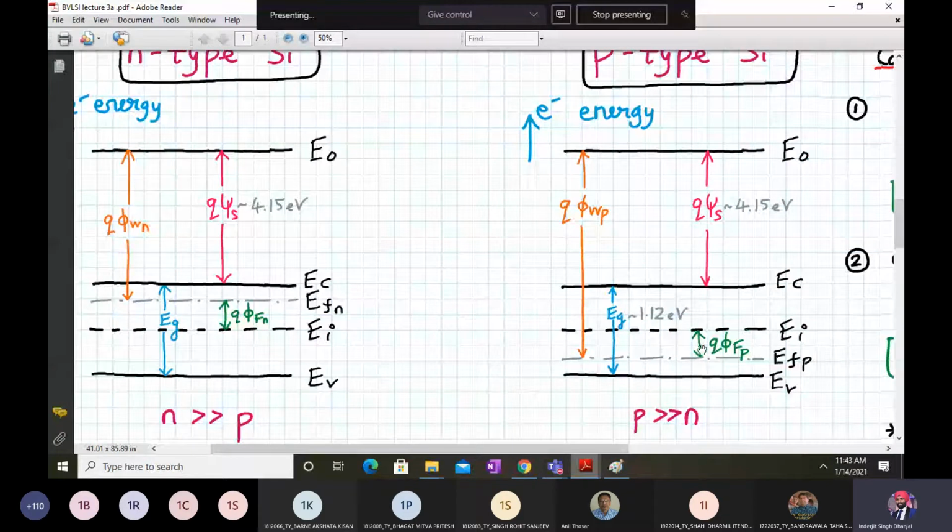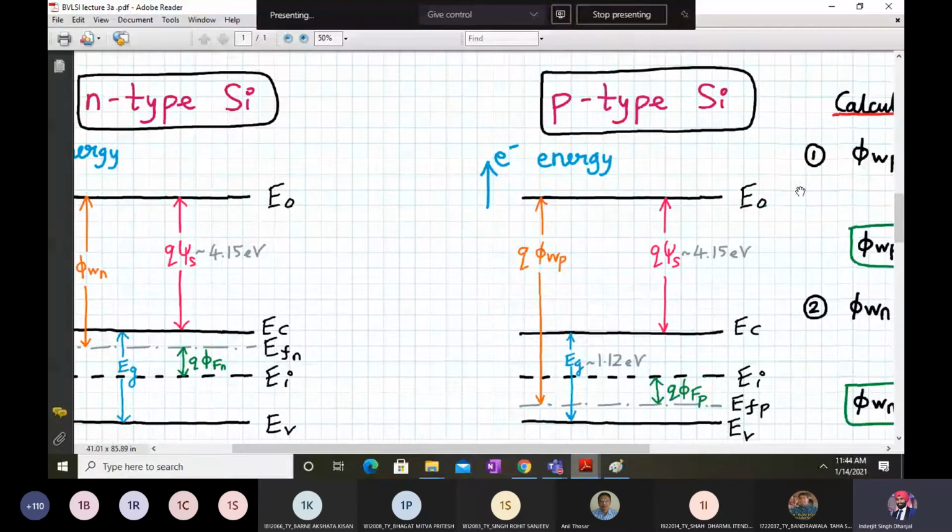If you multiply that by Q, it becomes Q into phi Fp, the Fermi potential energy for P-type silicon. So these are the four quantities you have to take care of: Q into psi s, Q into phi W, either N or P, EG the energy band gap, and Q into phi F, N or P, for N-type and P-type silicon. I hope these points are clear.